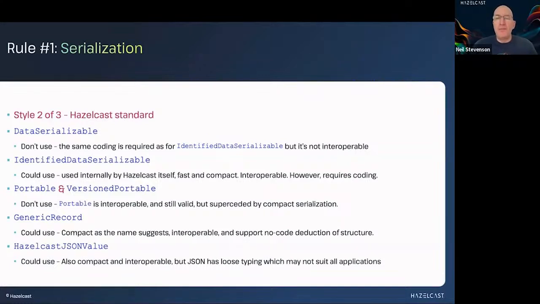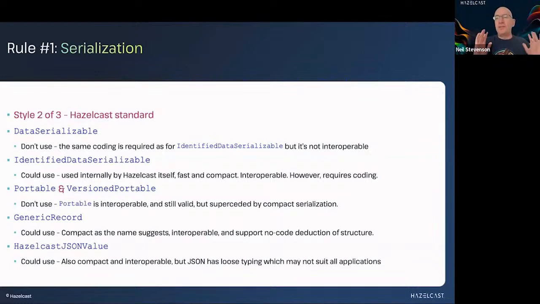It works from other languages, but it's been superseded by the next one down, GenericRecord, where behind the scenes Hazelcast will figure out the structure of your data object for you in a similar manner to Java's reflection, but do it much more efficiently because of Hazelcast-based optimizations.